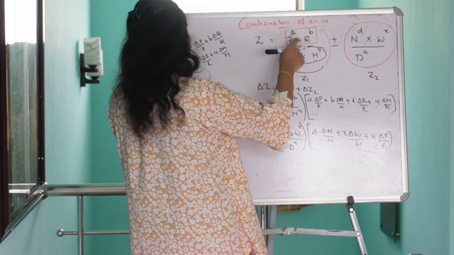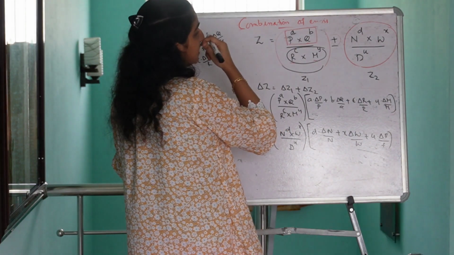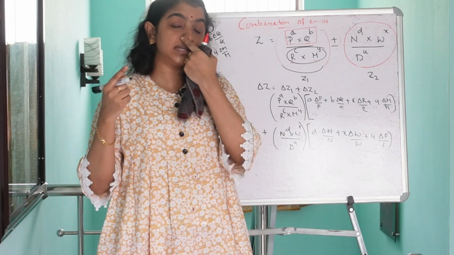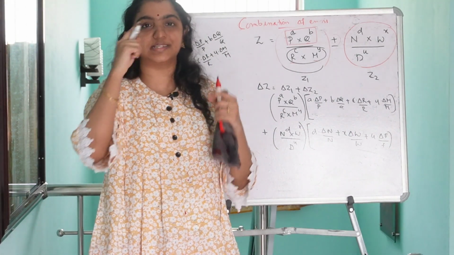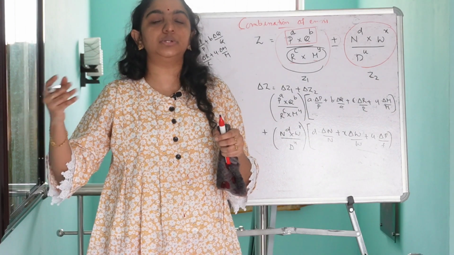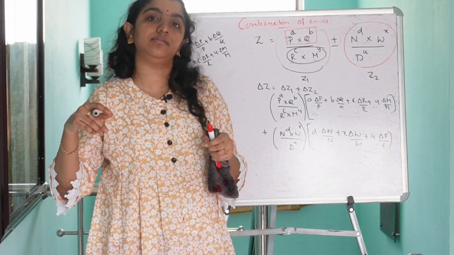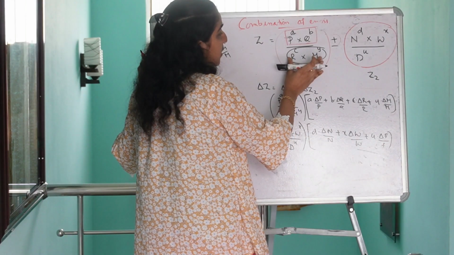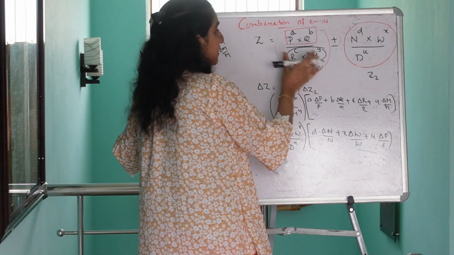In the numerator we are multiplying two physical quantities. When we are multiplying two physical quantities, the relative error in the resultant is related to the relative errors of the individual measurements. So I found the relative error of this term, then the relative error of the denominator.